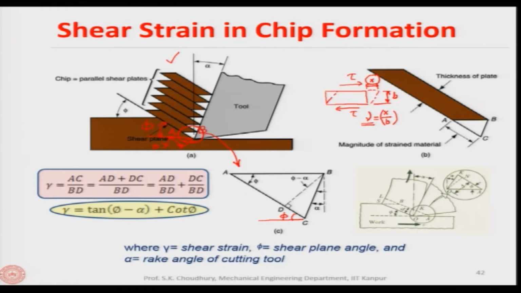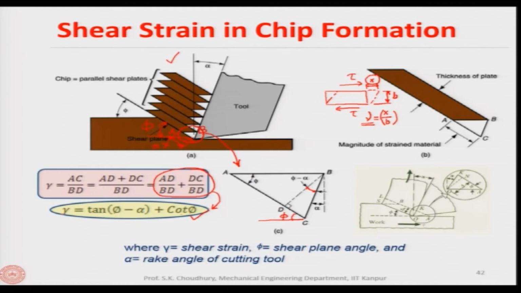This is the same angle here also, because this line and AB are parallel, and this is intersecting. So, this is phi, the shear plane angle. Therefore, this angle will be phi minus alpha. So, this is tan of phi minus alpha, which is AD by BD, and DC by BD will be cot of phi, because BD by DC is tan phi.